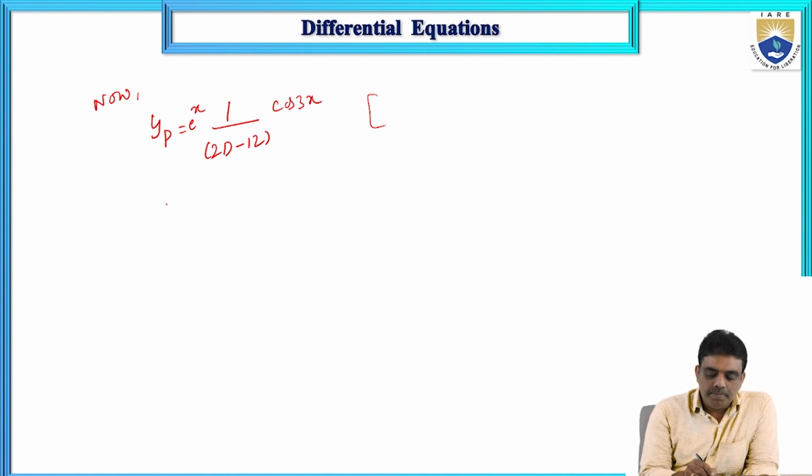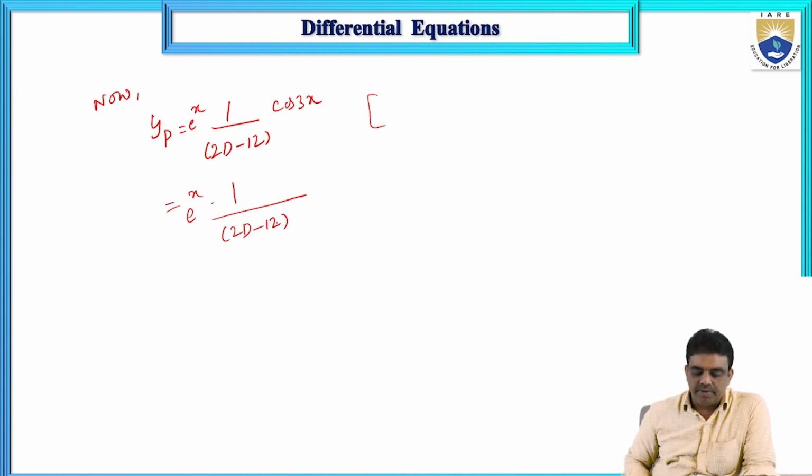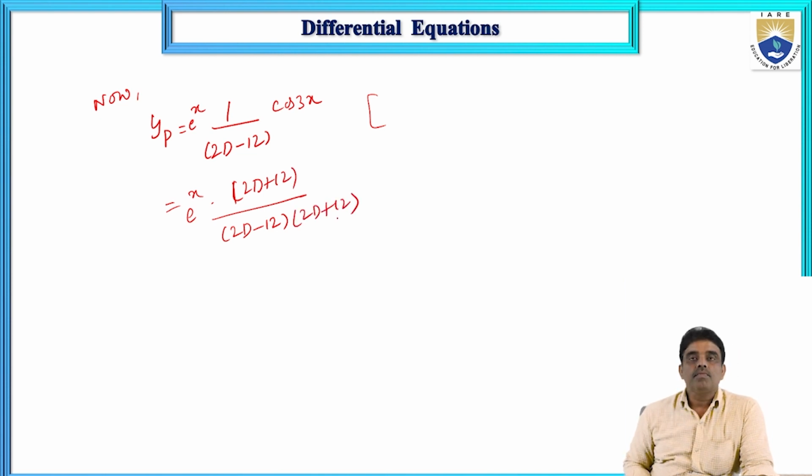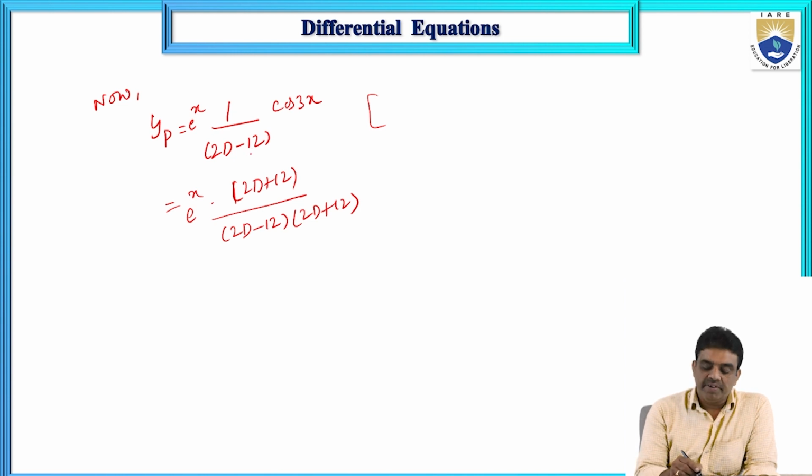Now we make it a function of D square. For that purpose, I multiply and divide with 2D plus 12 of cos 3x.